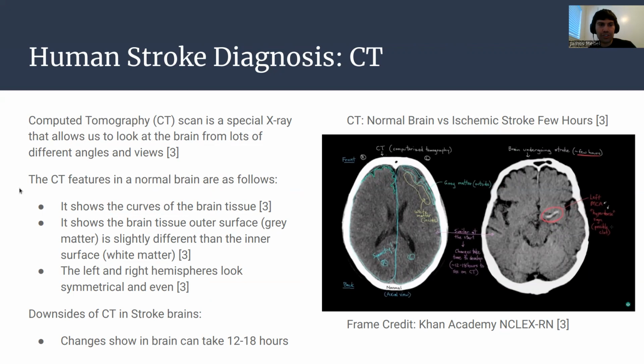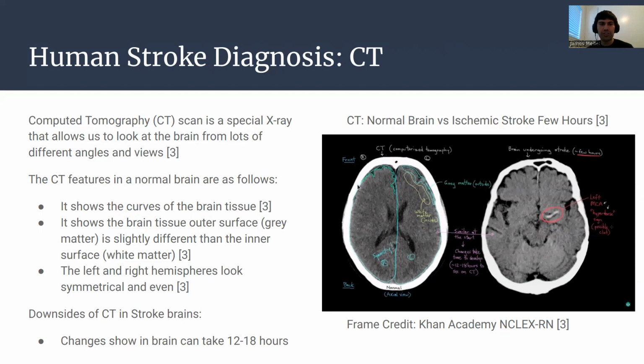Some of the features a neuroradiologist may keep in mind of a normal brain when looking for some of the issues that a patient may be suffering from in an ischemic brain.